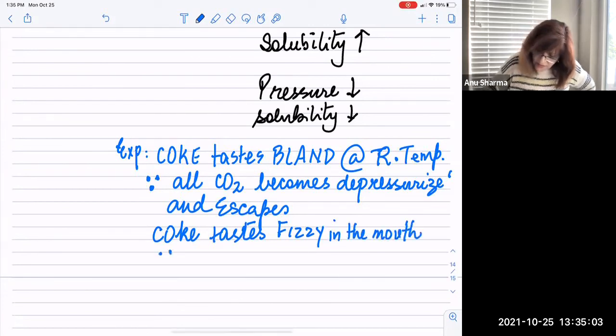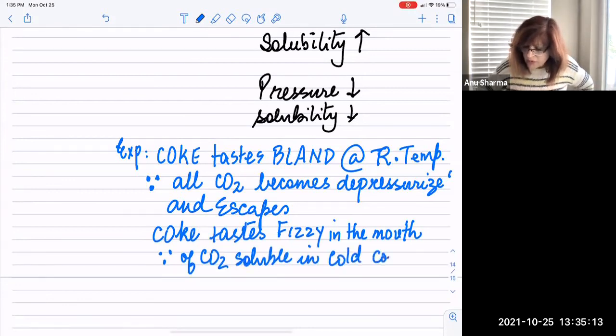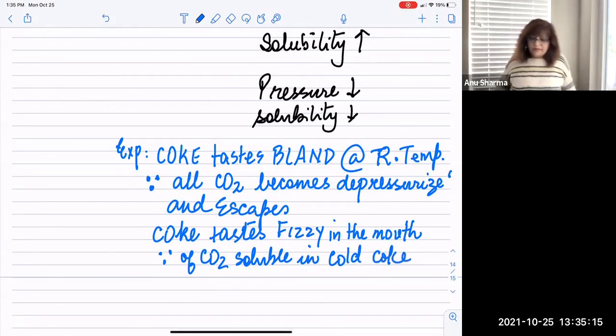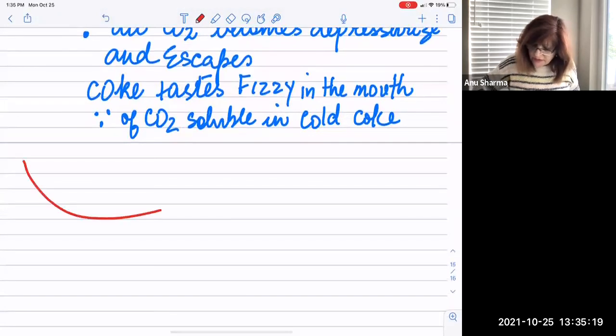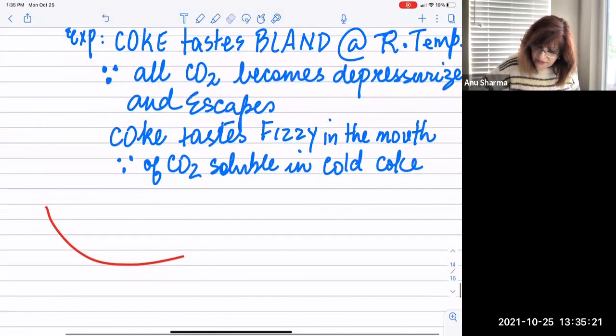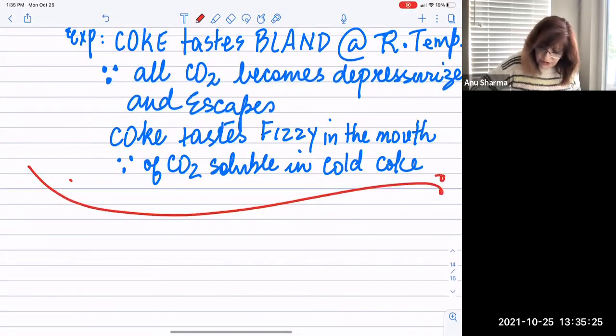Because of CO2 soluble in cold Coke. Okay, so that finishes this part.